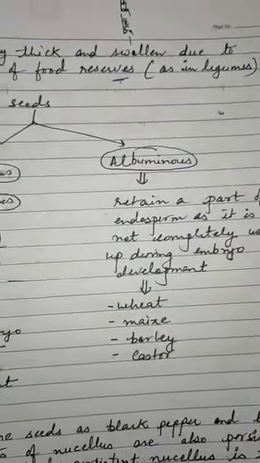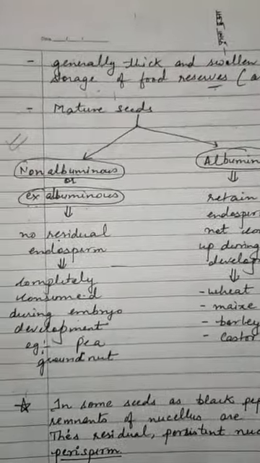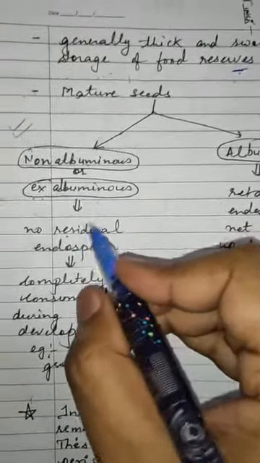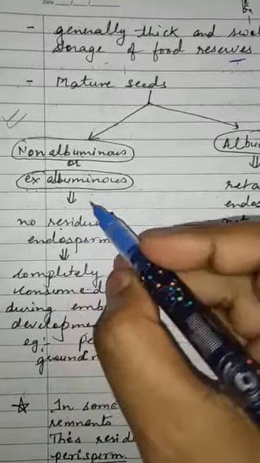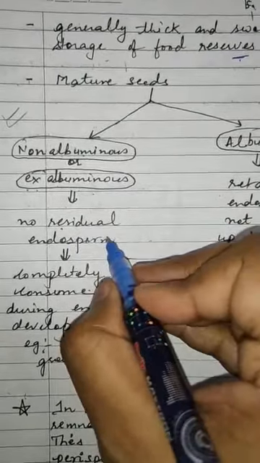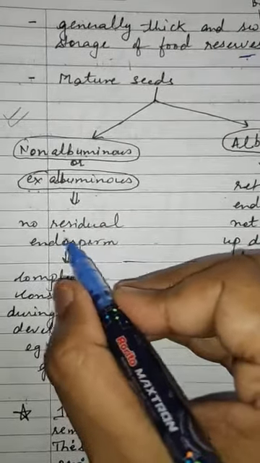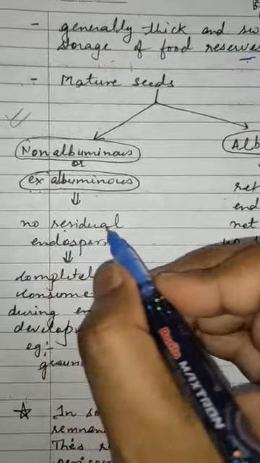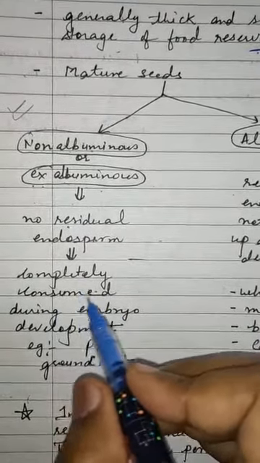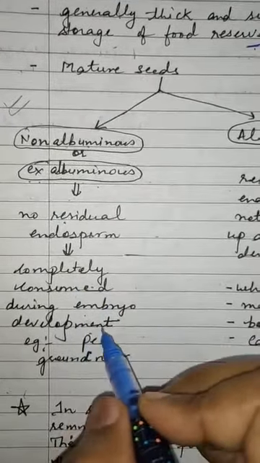Here you will see in the case of non-albuminous there is no residual endosperm. The endosperm will not remain, it is completely consumed during embryo development, right?